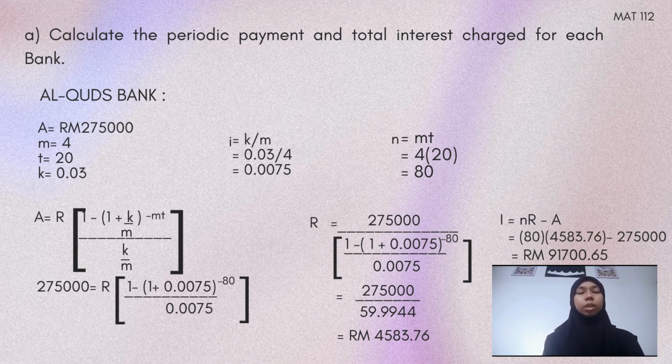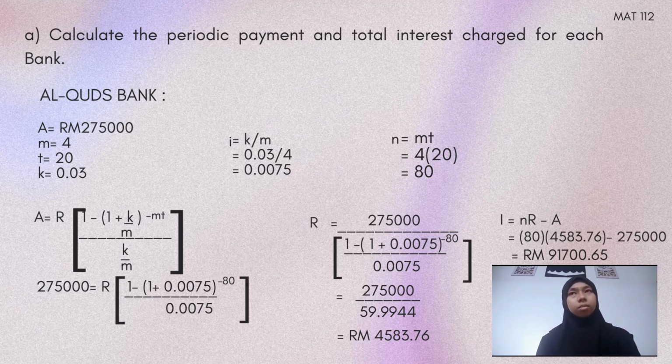First, iFoods Bank. A equal to RM 275,000, M equal to 4, T equal to 20 years, K equal to 0.03. And I use the formula A equal R bracket 1 minus bracket 1 plus K over M bracket power of negative MT divided by K over M bracket.